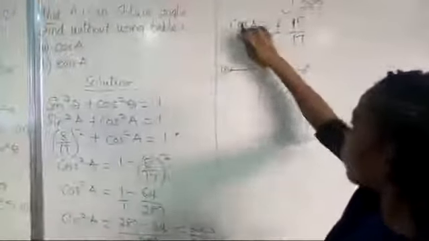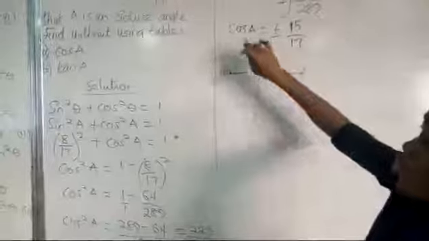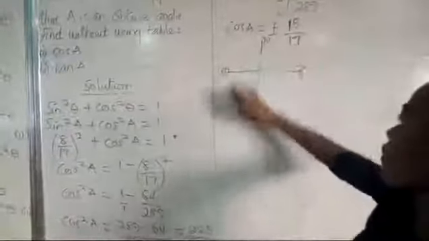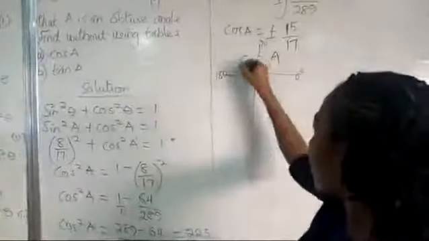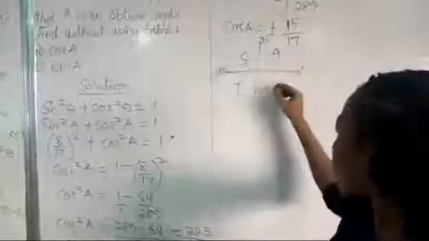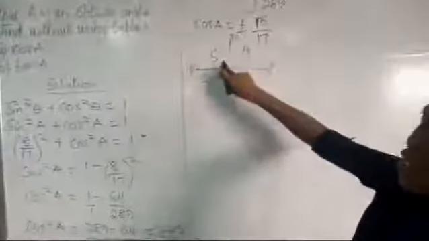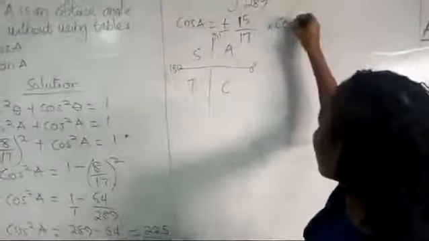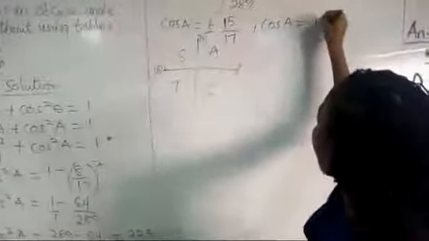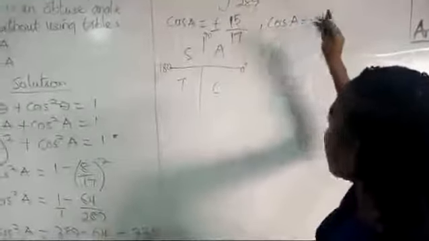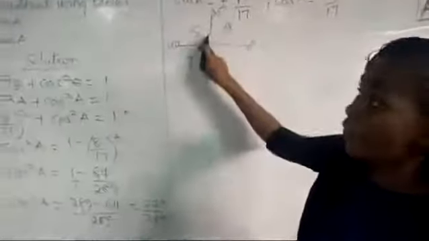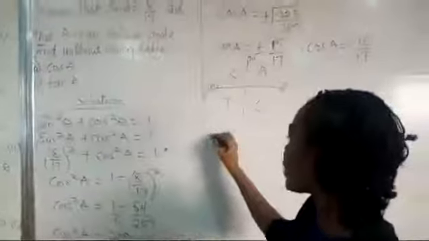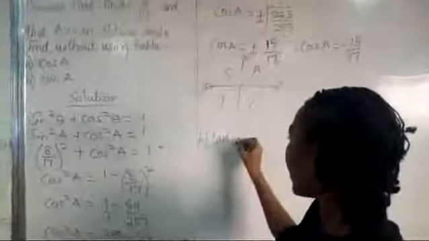So that angle will be at this position. And we know that from, remember this, add sugar to coffee, that sine is the only one positive at this second quadrant. So it means your final answer for your cos A will be minus 15 over 17 because cos is negative here.